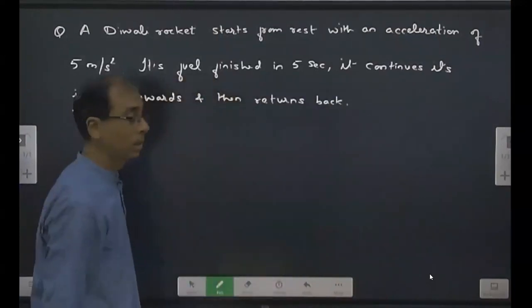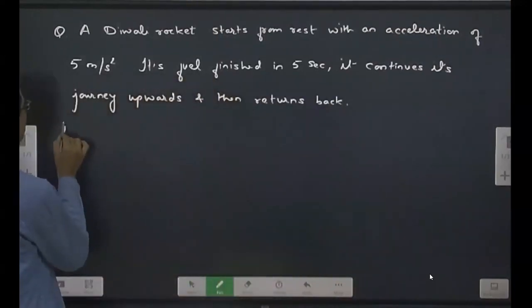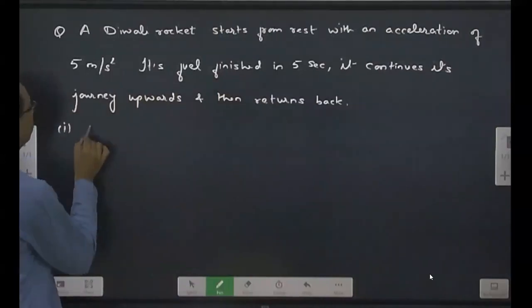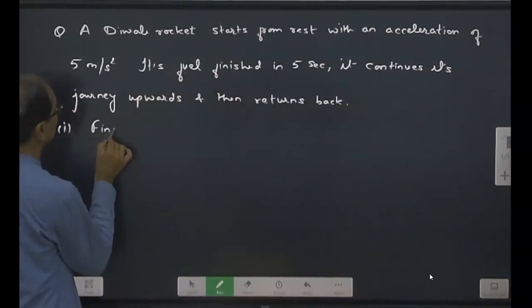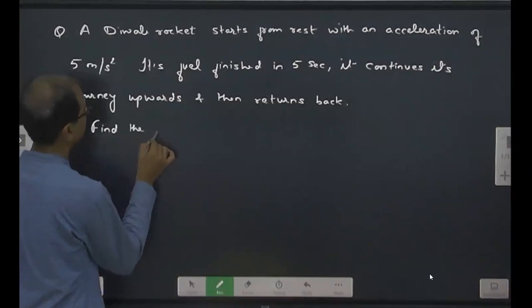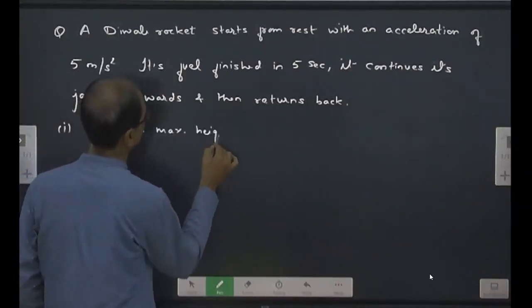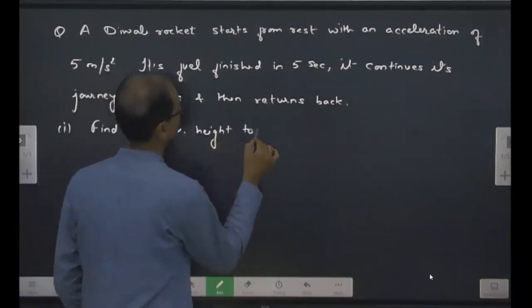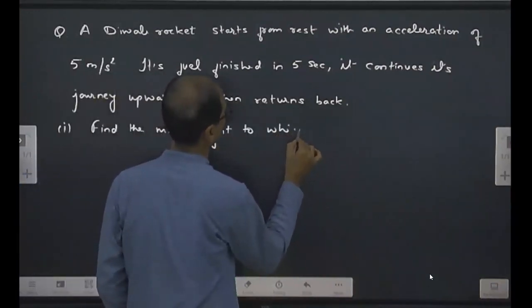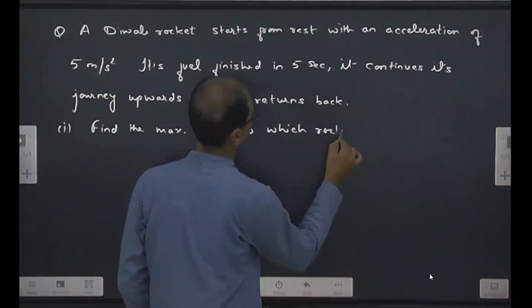Okay, then what do we have to find? Question number 1. Find the maximum height to which the rocket moves.